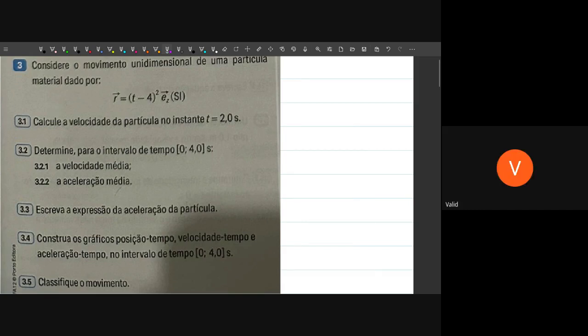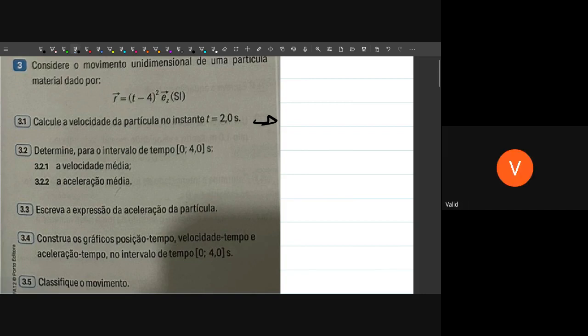Equals 4. Yeah, 4 exactly. But you need to pick the unit too. 4 meters, okay?